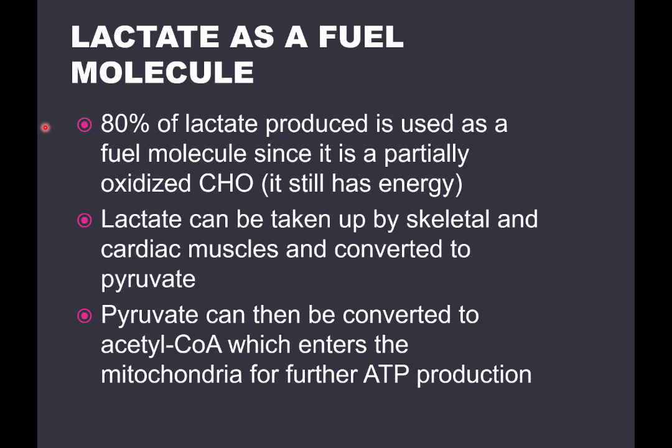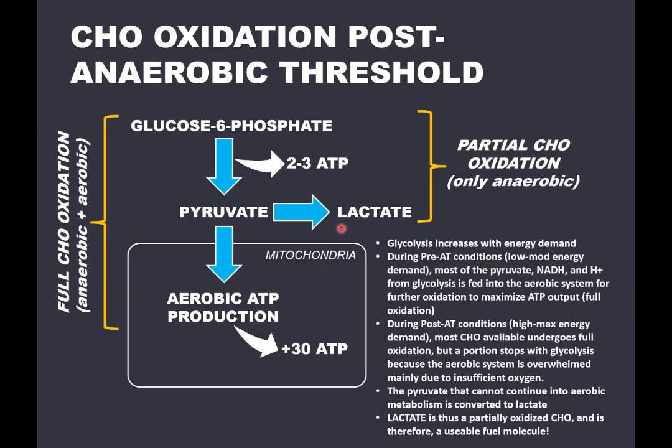So if we go back a couple slides here, we are talking about lactate reconverting back to pyruvate, and then pyruvate moving forward into the mitochondria for further aerobic ATP production. And this is why we said that lactate has about 30 ATPs worth of energy left. So most of the lactate that is produced, especially during post-anaerobic threshold exercise, will eventually follow this pathway right here, from lactate to pyruvate to aerobic ATP production.